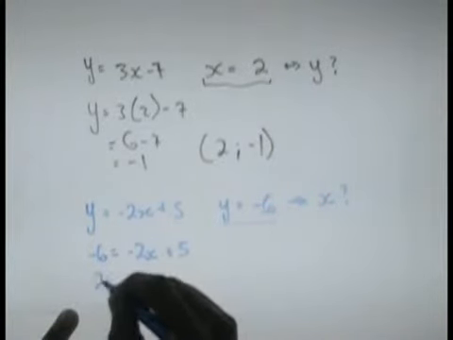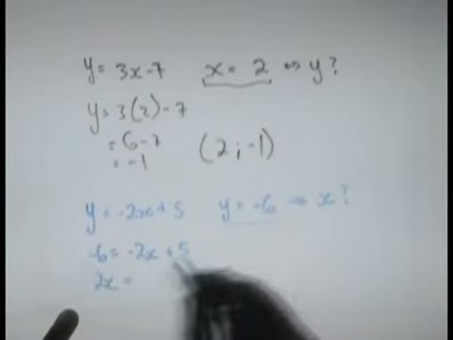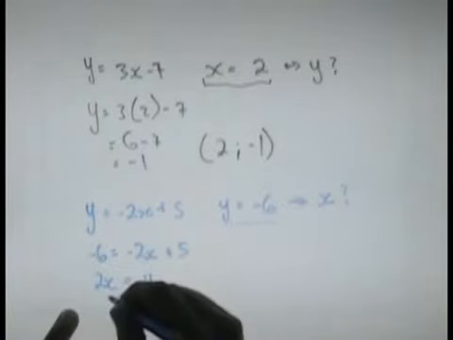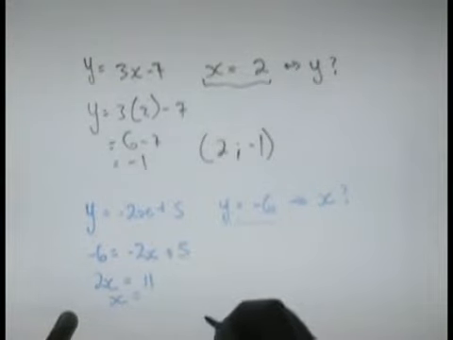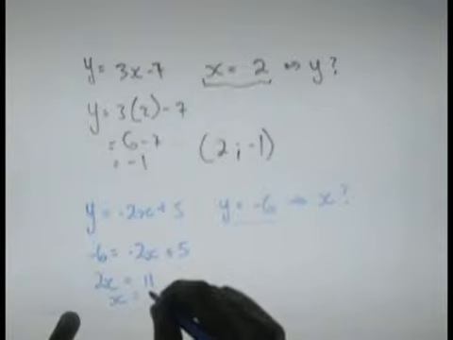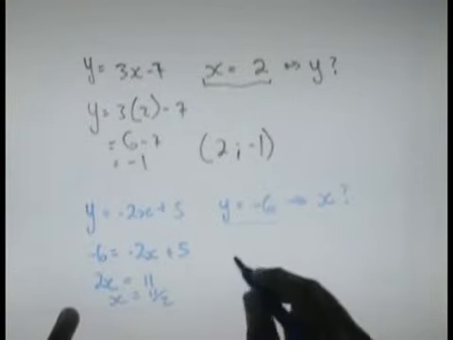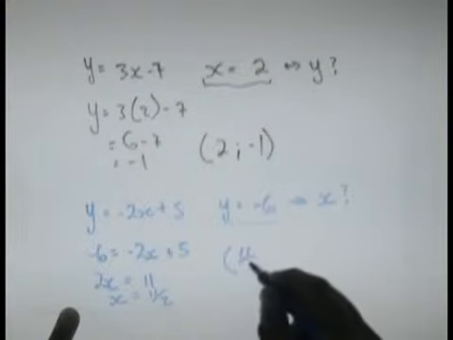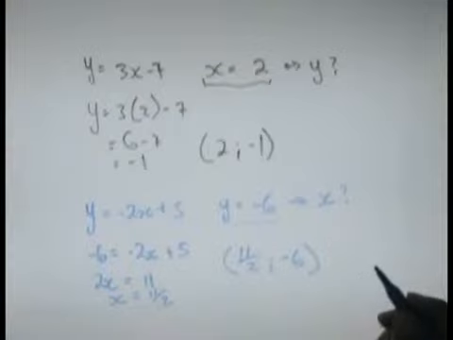Take the negative 2x across to make it positive: 2x is equal to 5 plus 6, which is 11. That means that x is equal to 11 over 2. That means that our coordinates here are 11 over 2 and a y value of negative 6.